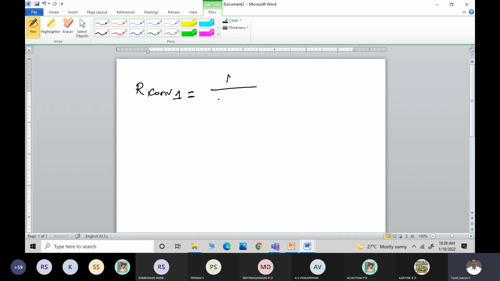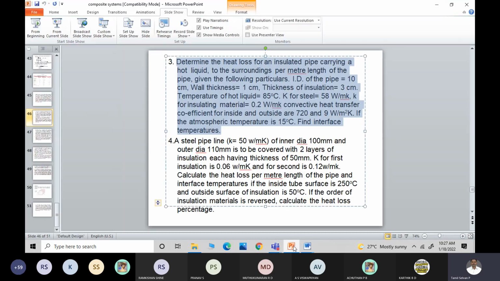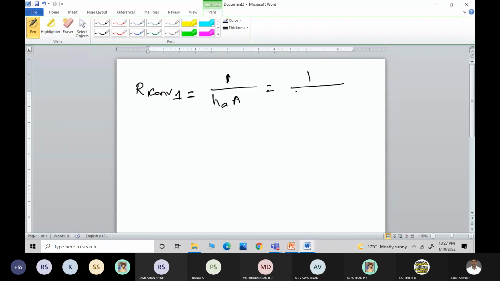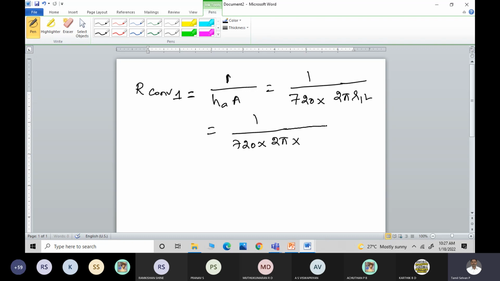1 by HA into A. What is the convective heat transfer coefficient given in the problem? It is 720. And what is the area, ma? 2 pi R1 into L. Is it right? Yes, sir. 1 by 720 into 2 pi into radius R1 is 5 centimeter, right? 5 into 10 power minus 2, and assume the length as 1 meter.